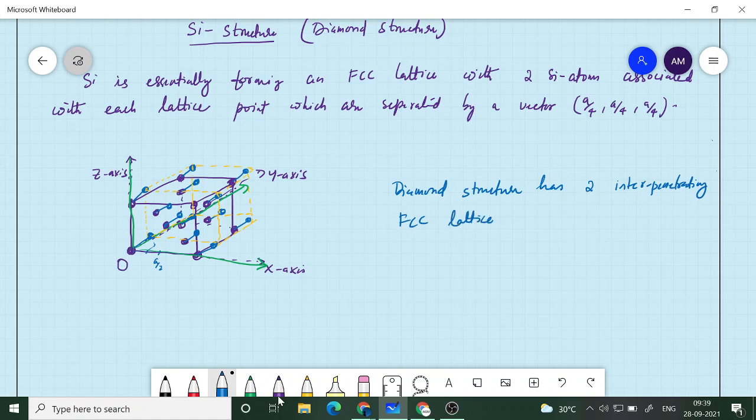So if you are thinking in this way, each FCC lattice will have only one silicon atom associated with every lattice point.